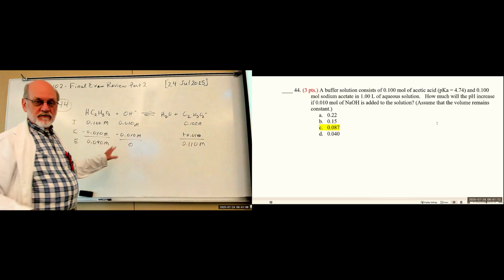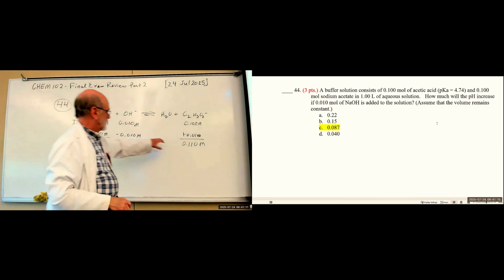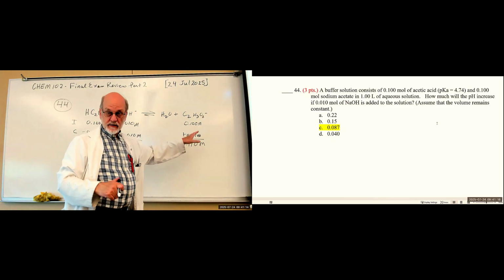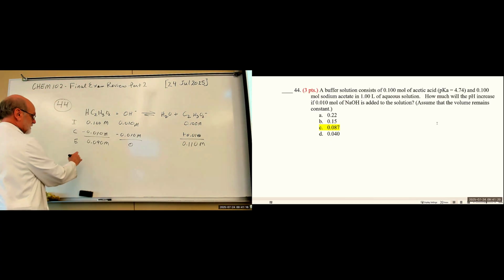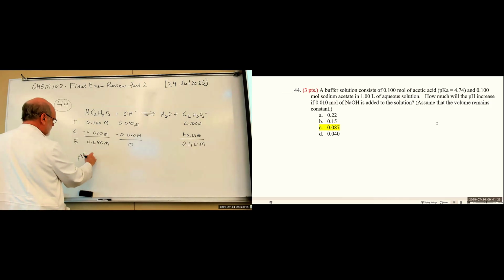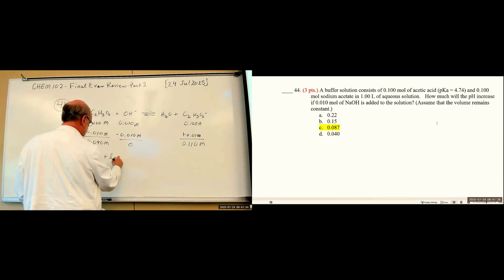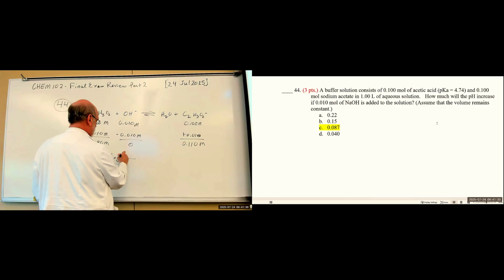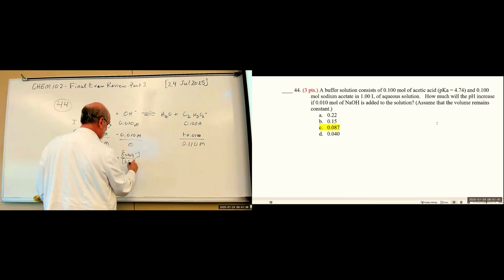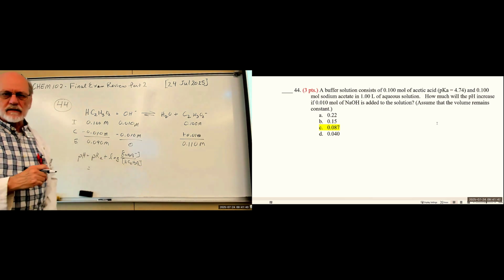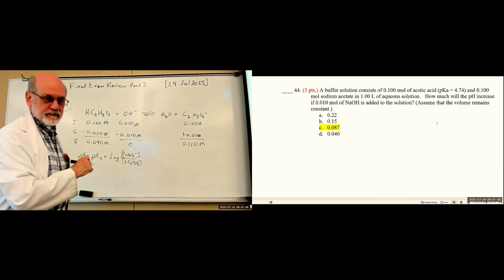So now we have the values for the acid and the conjugate base. Now we can use Henderson-Hasselbalch. pH equals pKa plus the log of the conjugate base, C2H3O2 minus, divided by the acid. There we go. So what we need is the pKa. We got 4.74.